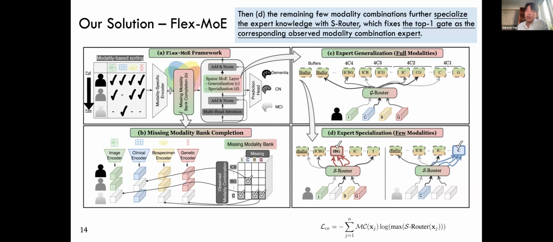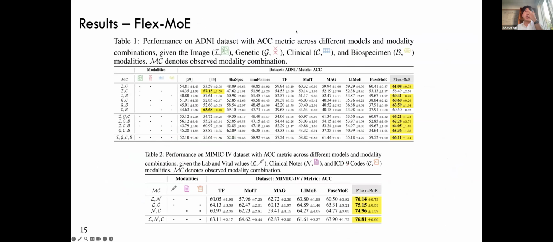So we use a cross entropy loss. If IBG comes in, we track the top-one selection, and this top-one selection should be mapped to its specific index using a cross entropy loss. This cross entropy loss is summed up with the task loss and trained all the way in the end-to-end framework.